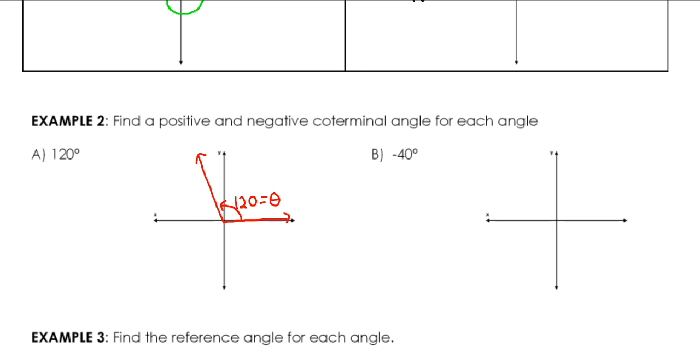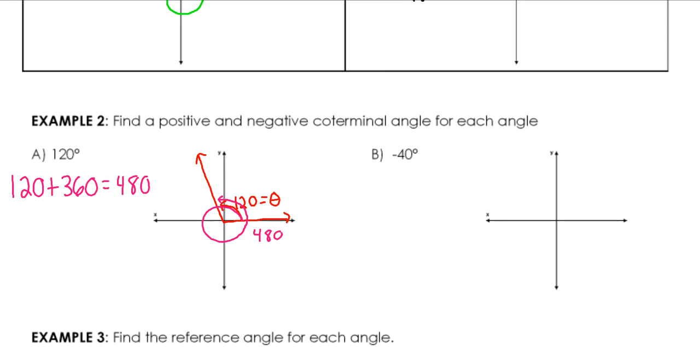So I am going to take that theta and I am going to add and subtract 360 from it to find a positive and a negative coterminal angle. So positive, I would take 120 and add 360. And when I do that, I get 480. So again, that coterminal angle just goes one full lap around and stops at the same spot. So that would be a 480-degree angle there.